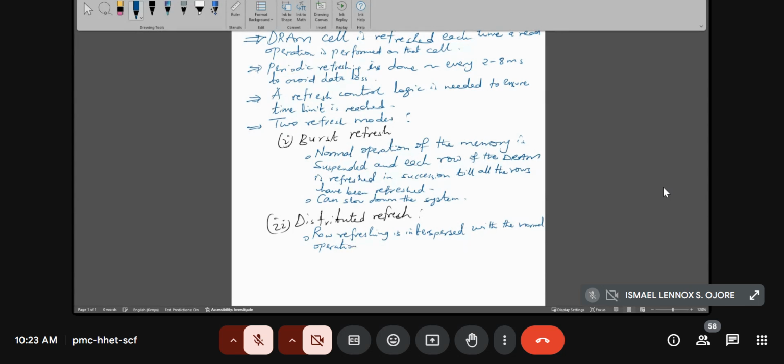So the normal operations are not suspended, but the refreshing occurs concurrently within the normal operations of the memory.